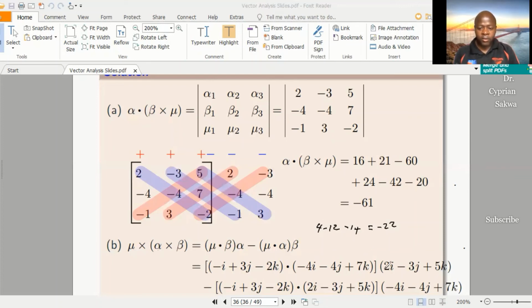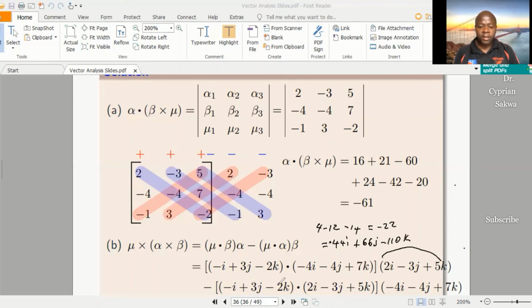This negative 22, I multiplied by alpha. When you multiply negative 22 by alpha, what you get is negative 44i, positive 66j, and negative 110k. So that's what I get.